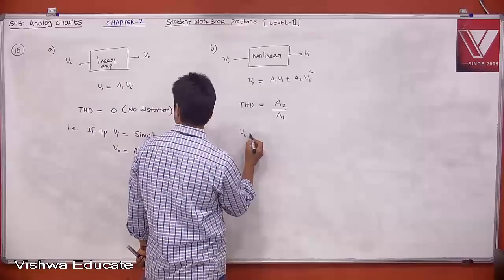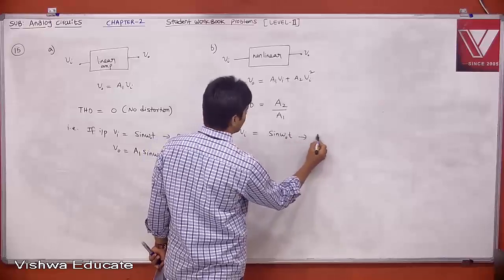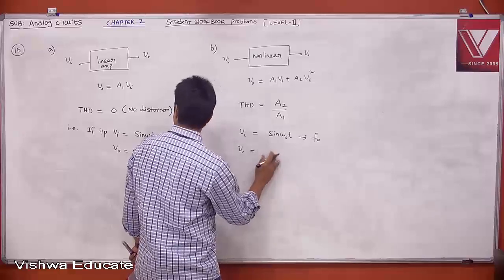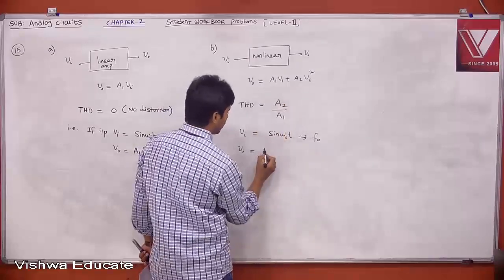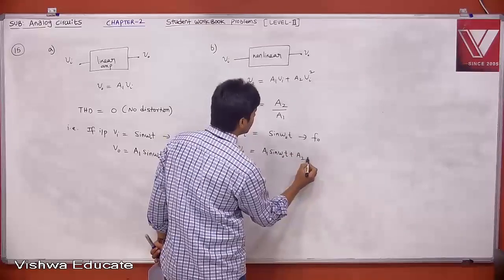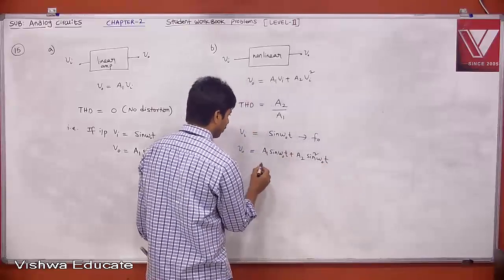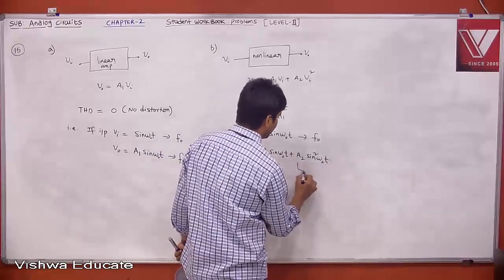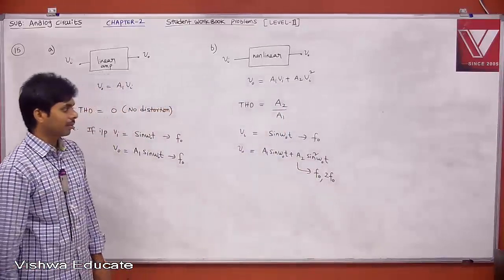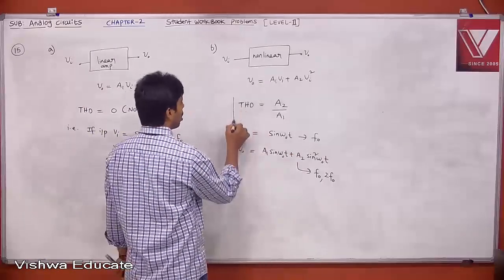If your Vi is just sine omega naught t, which has simply F0, then your V0 is A1 sine omega naught t plus A2 sine square omega naught t. If you calculate, it is going to have F0 and 2F0, the second harmonic also. Therefore, we don't want this A2. A2 divided by A1 is nothing but your harmonic distortion.